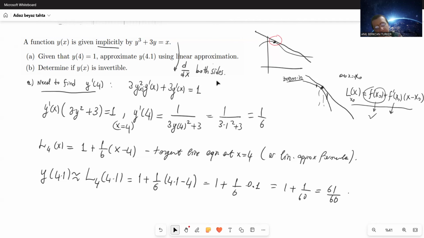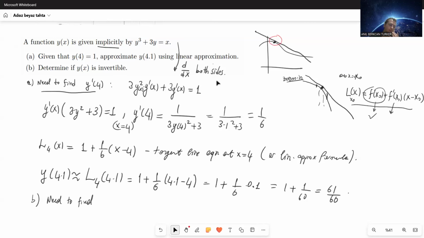But maybe if I find two x that are giving me the same y value, then we are fine, right? So it means that I want to make y(x) invertible.